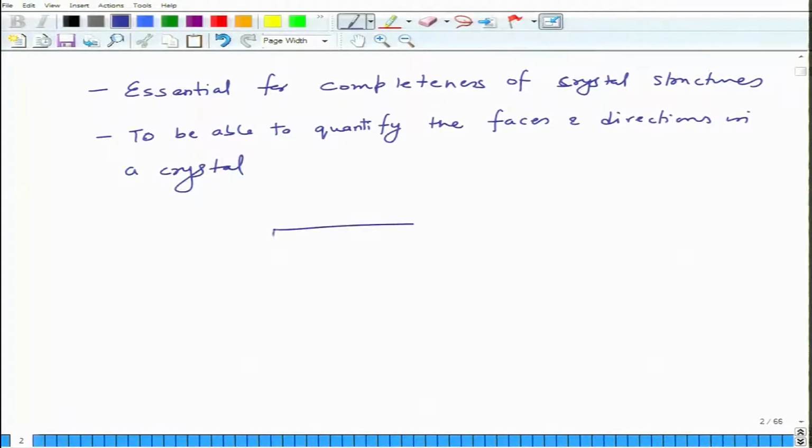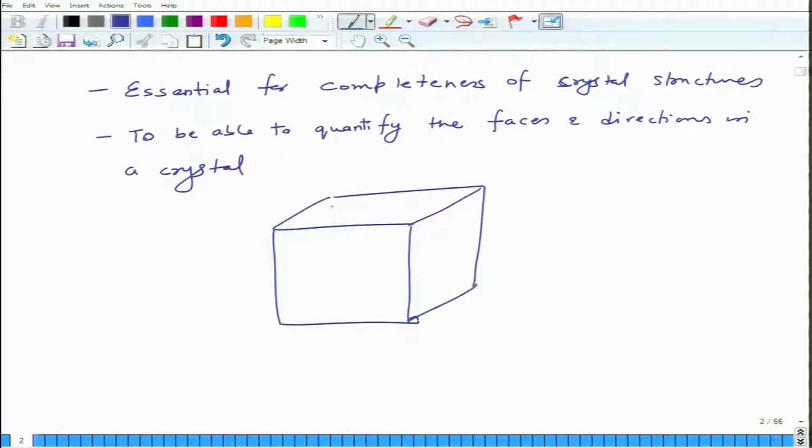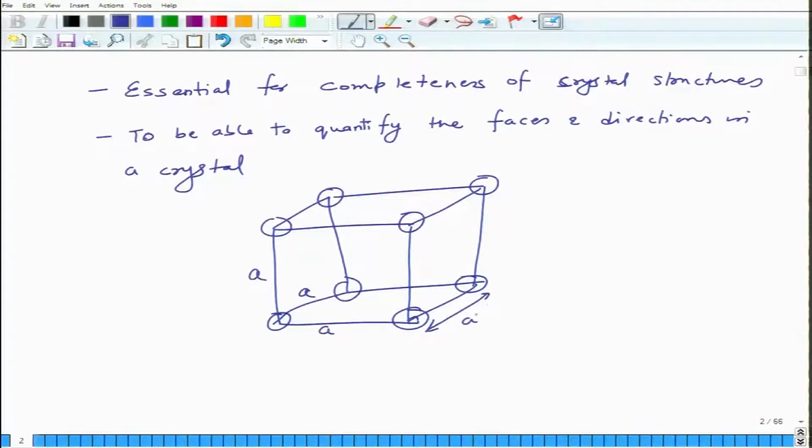And the reason for that is, let us say I draw a simple parallelepiped here. So, I have these atoms, okay. If it is a cube, then you know that this is A and this is A. You can see that the spacing between these atoms is A, but between these atoms it is not A, it is something else, let us say A by root 2.